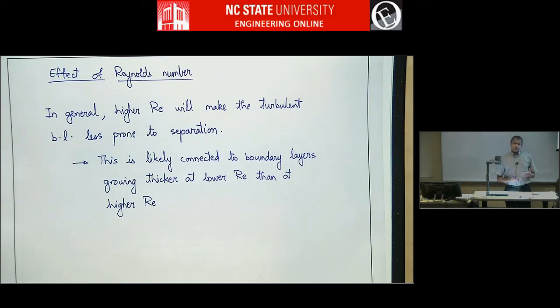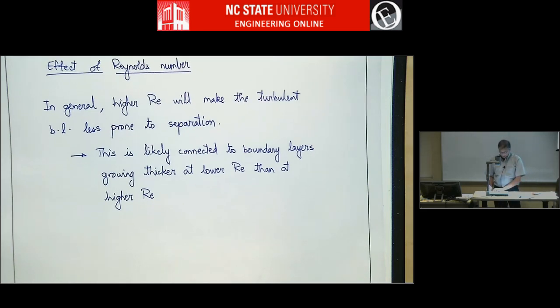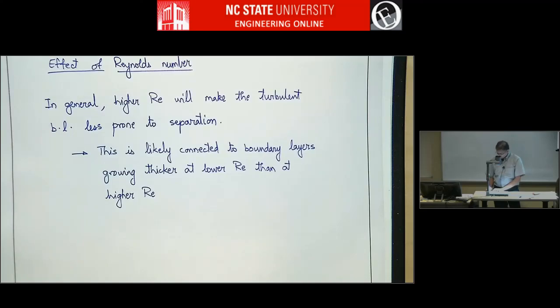So in low Reynolds number flows, boundary layers are thicker, and a thicker boundary layer, chances are it will separate more easily than a thin boundary layer, and that's why a higher Reynolds number turbulent boundary layer is less prone to separation generally.